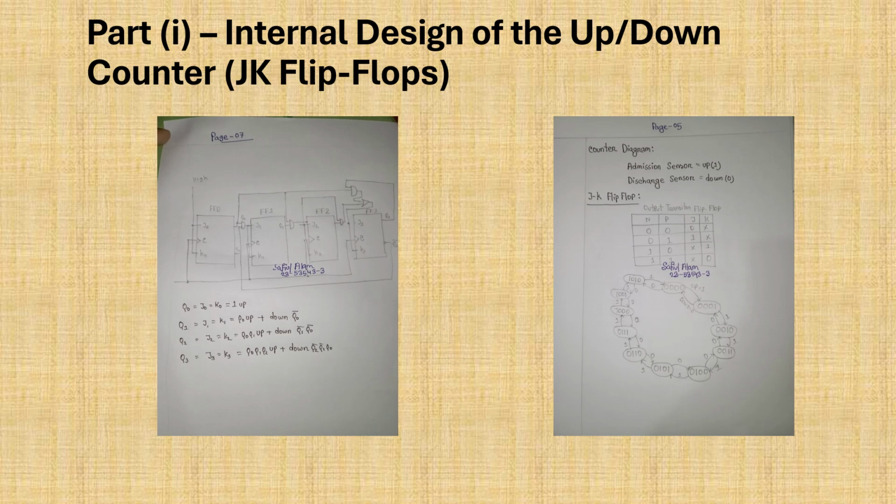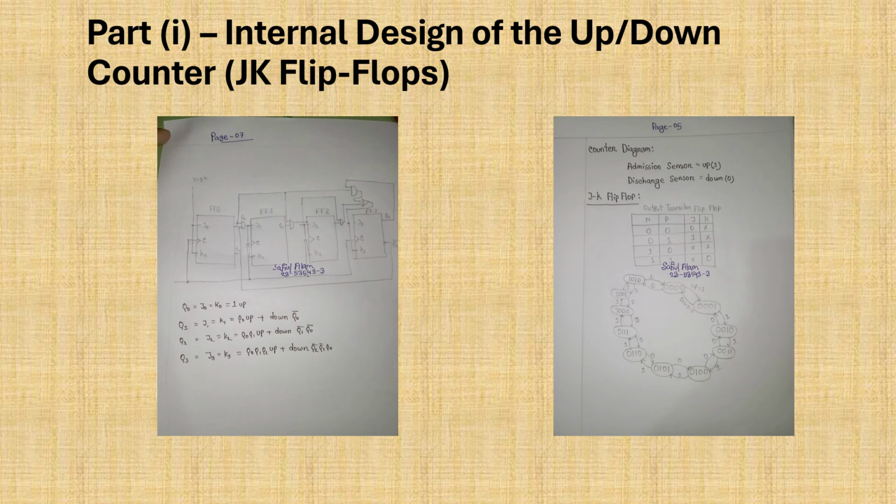The counter is synchronous: all flip-flops share the same clock, so they change state simultaneously. The general rule for a synchronous binary up counter is J0 = K0 = 1, J1 = K1 = Q0, J2 = K2 = Q0·Q1, and J3 = K3 = Q0·Q1·Q2.